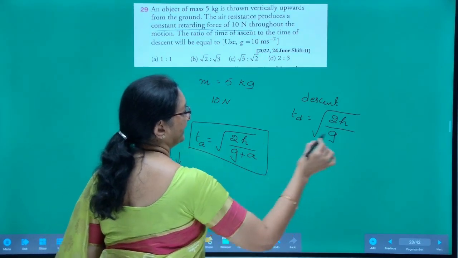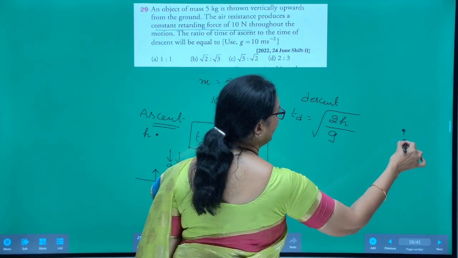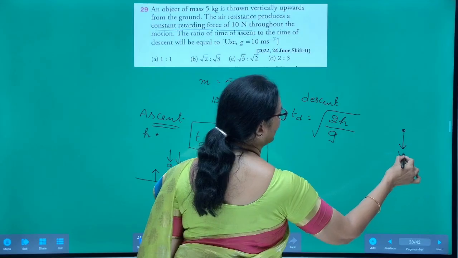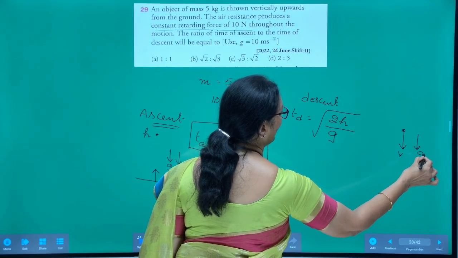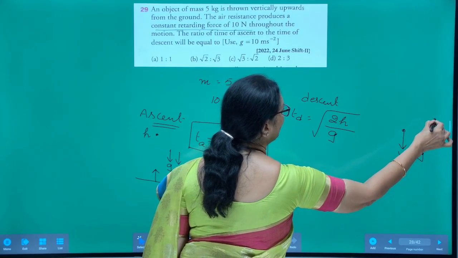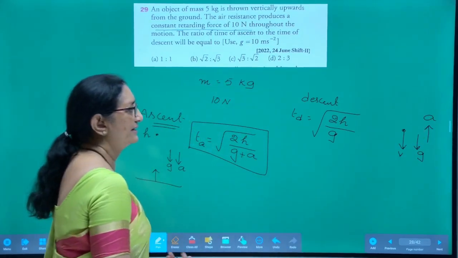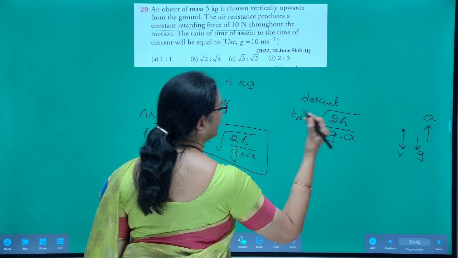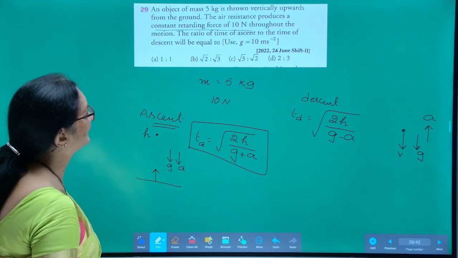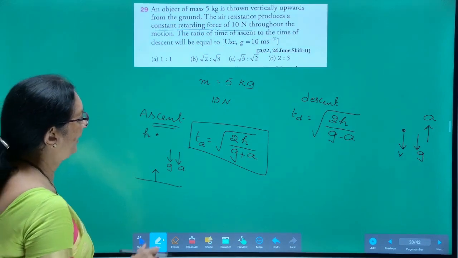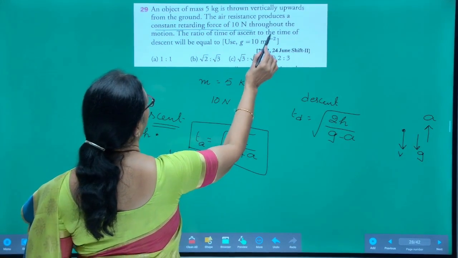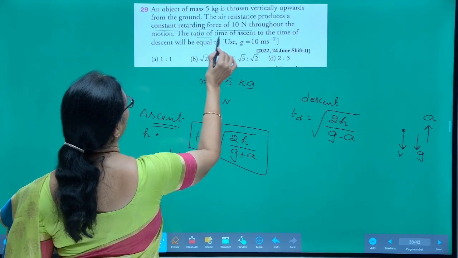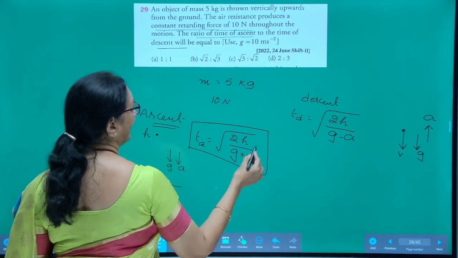Look here very carefully. It is moving in the downward direction. g is in the downward direction, but the force of resistance is opposite to it. So, it becomes square root of 2h by g minus a. Okay. So, you are supposed to find the ratio of time of ascent and time of descent.